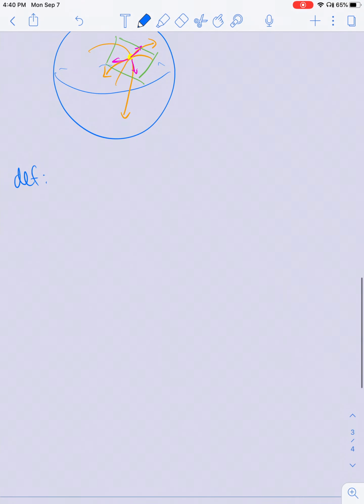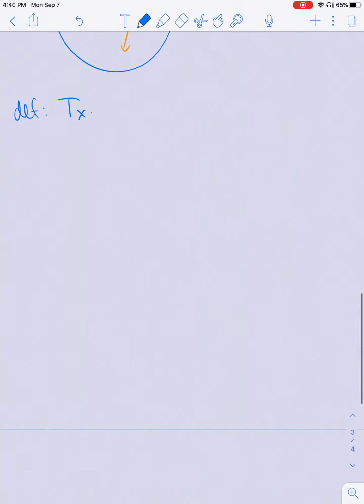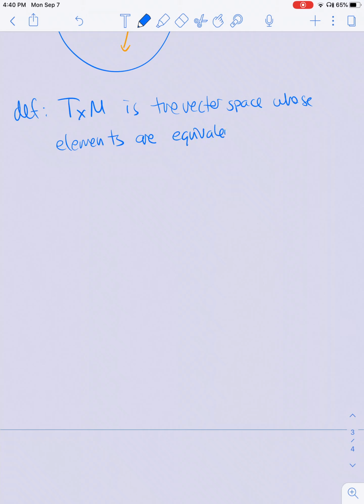So the way we're going to define the tangent space is as an abstract vector space whose vectors are equivalence classes of curves in M, so curves in Rk that are contained in M, passing through x. The curves, I'm going to call them gamma.